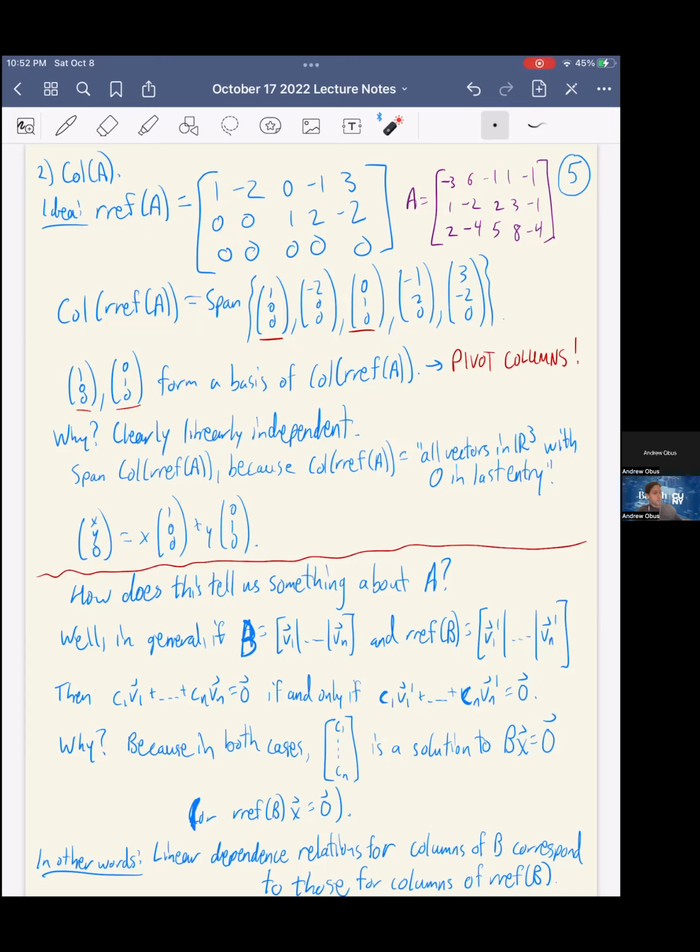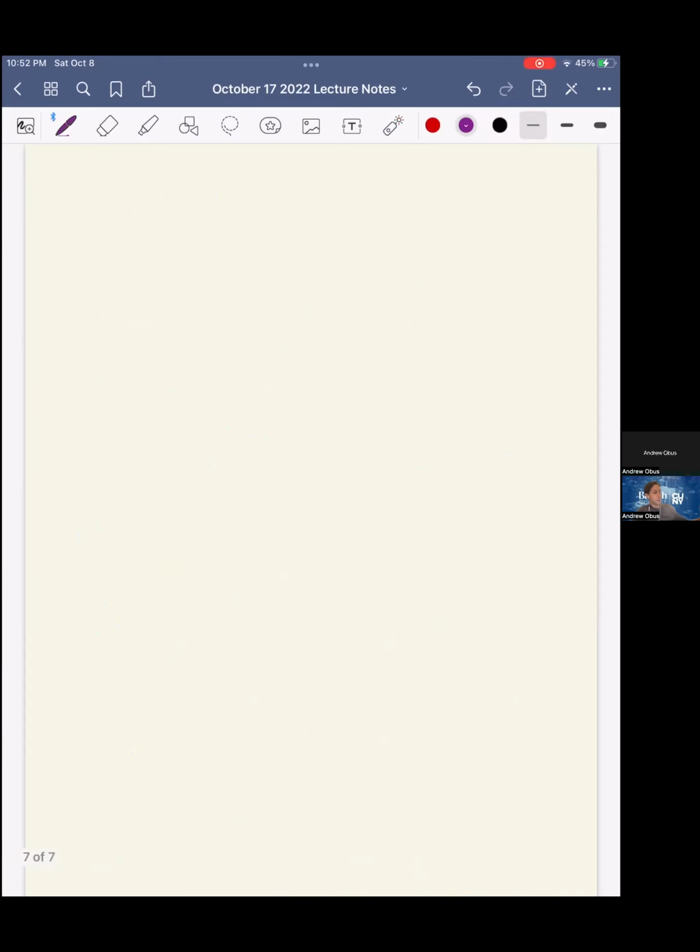Okay. So what does this tell us about trying to find a basis of the column space? Well, we know that the pivot columns of the row reduced echelon form of A are linearly independent.